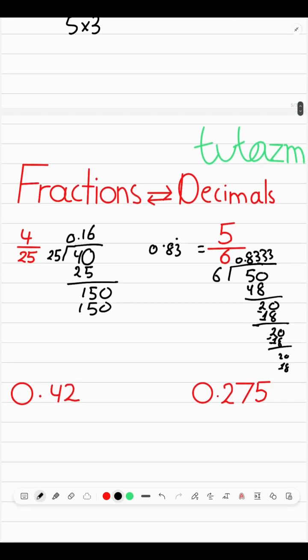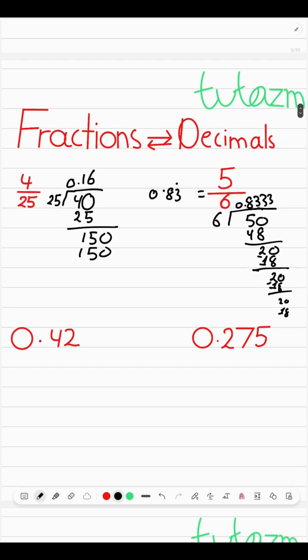Okay, we'll take a look at converting terminating decimals into fractions. We'll look at converting recurring decimals into fractions in a later video, but we'll just look at terminating decimals for the time being.